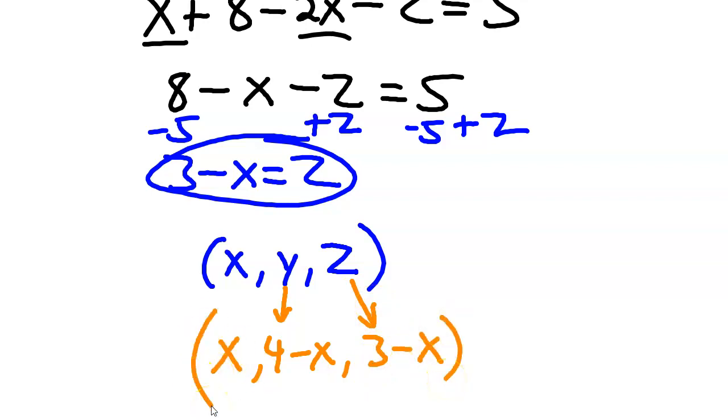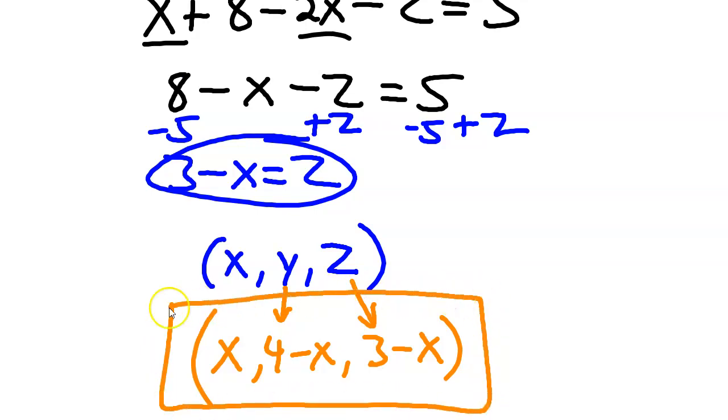But x is free. x can be any number we want to pick, and there's infinitely many numbers to pick, right? So we can generate an infinite number of solutions using this formula here. So this is what you would need to type into WebAssign as your solution set for this system of equations. And just understand that this means there are infinitely many solutions that can be generated.